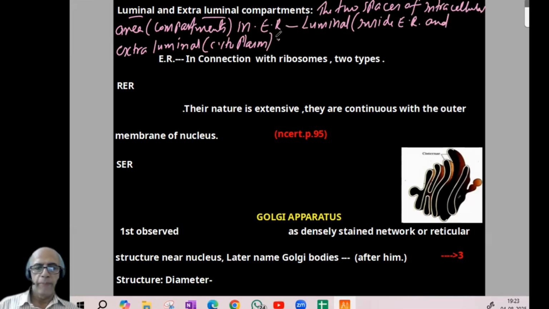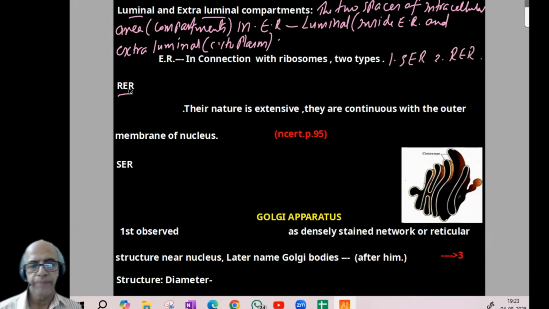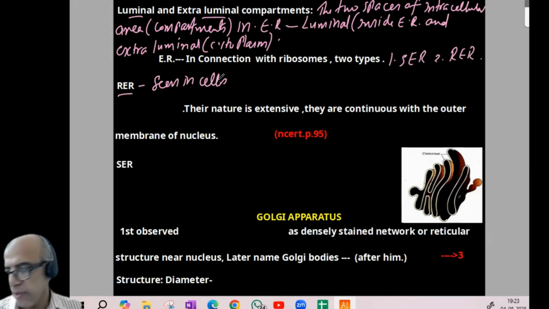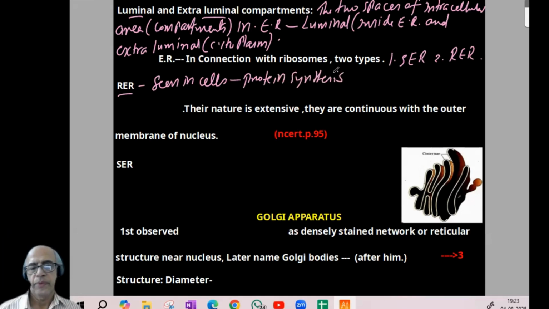Now, ER in connection with the ribosome, 2 types. One is SER, smooth endoplasmic reticulum. Second is rough endoplasmic reticulum, which we'll start with. RER is commonly seen in cells actively involved in protein synthesis, and we can also find it in secretory cells.